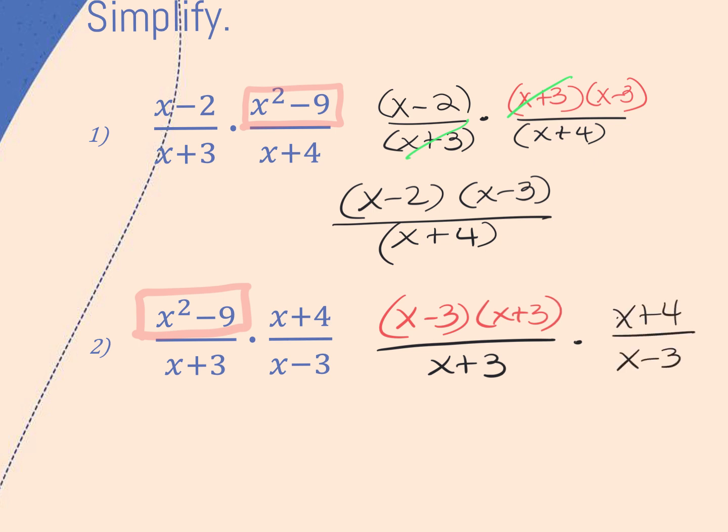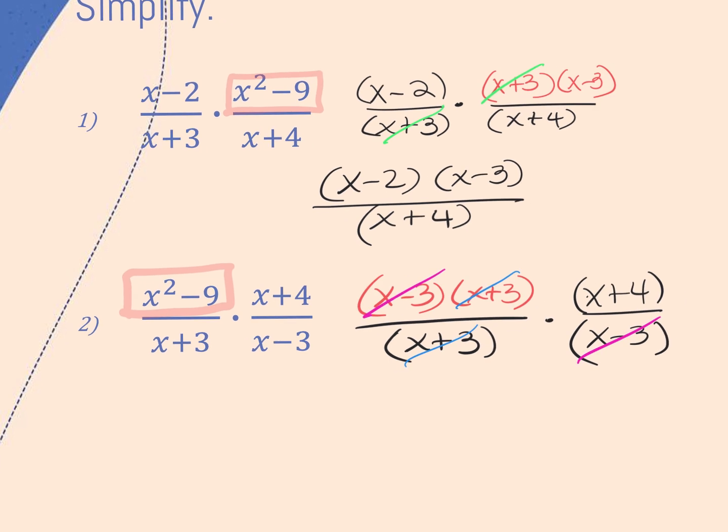Now, if it helps you to put parentheses around these so that you know that they're grouped together, then now I'm going to look for my matches. So here I've got an x plus 3 on top of an x plus 3. That cancels. And then I also have an x minus 3 that I can cancel diagonally with this one.